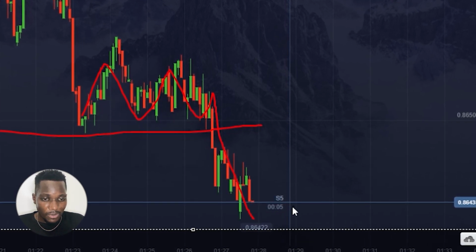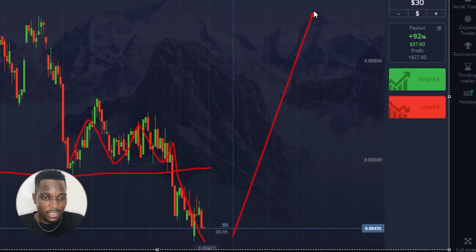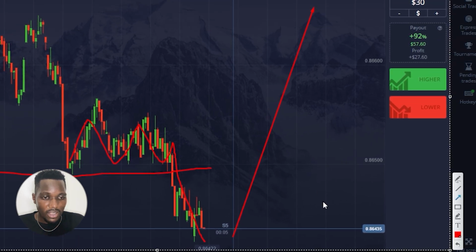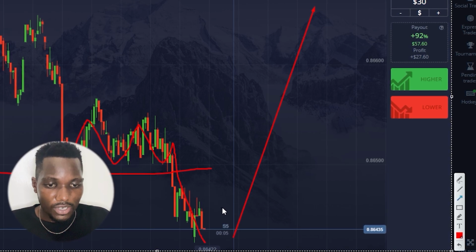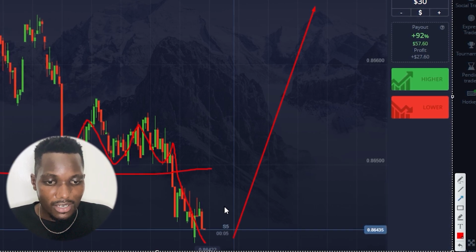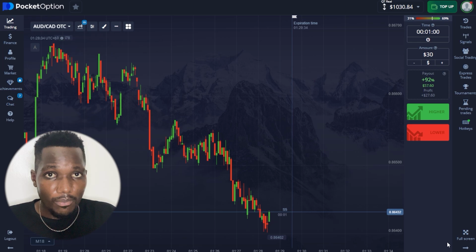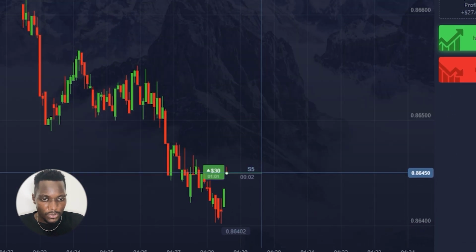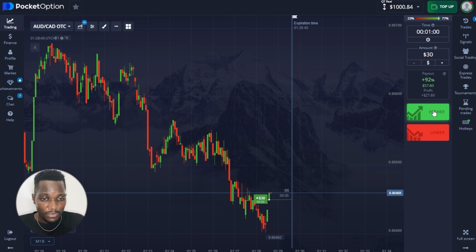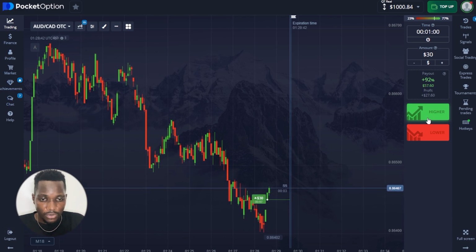Every structure that gets broken, the price must come back to retest such a level before we see a continuous movement. Though, on the other hand, this could have been a liquidity grab and then a very long-term move takes off. So let's try to call, as we expect this to have been a liquidity grab, because there was a lot of liquidity.